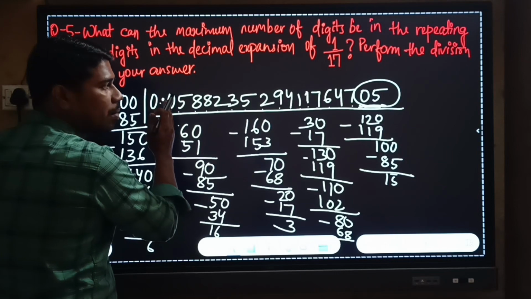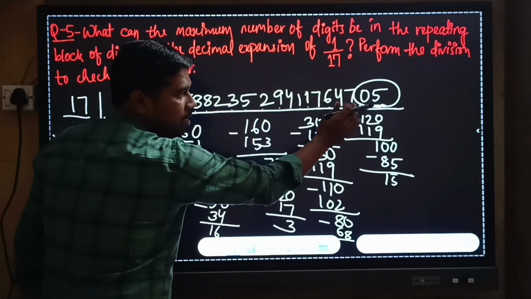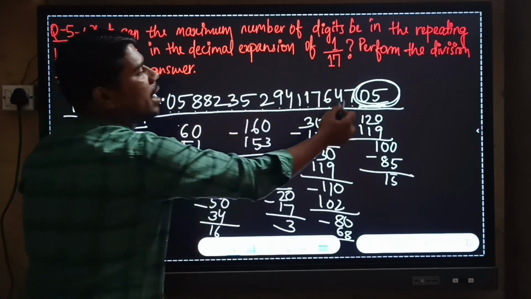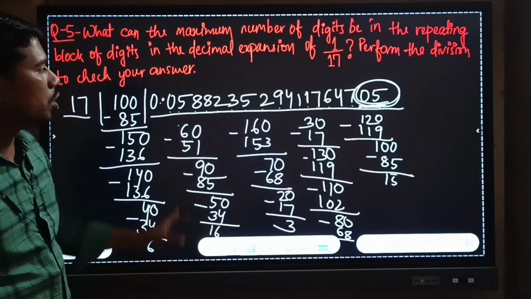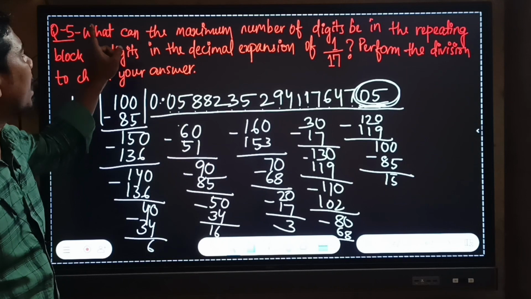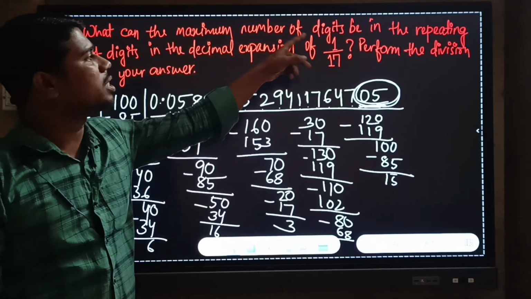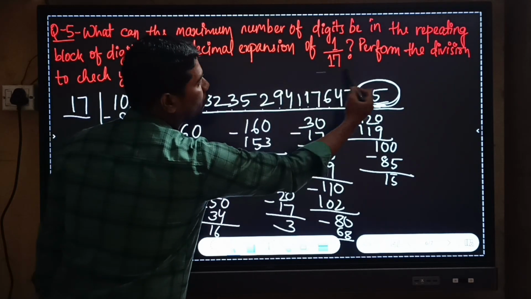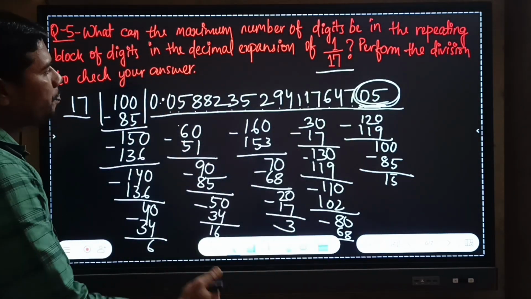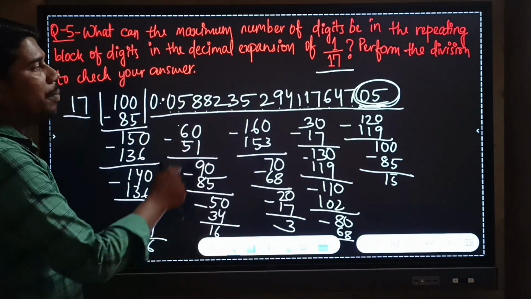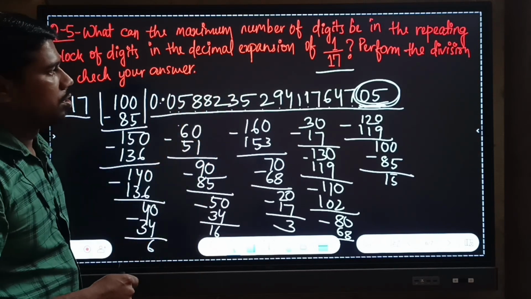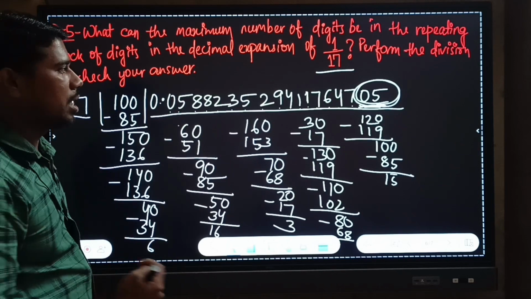After the decimal point, after 16 digits, it is repeated again, 0 5 8 8 2 3 5, like that it will come again. So the question given: what can be the maximum number of digits in the repeating block of digits in the decimal expansion of 1 upon 17? So our answer will be: after 16 digits it is repeating again. Okay, so this is our answer.